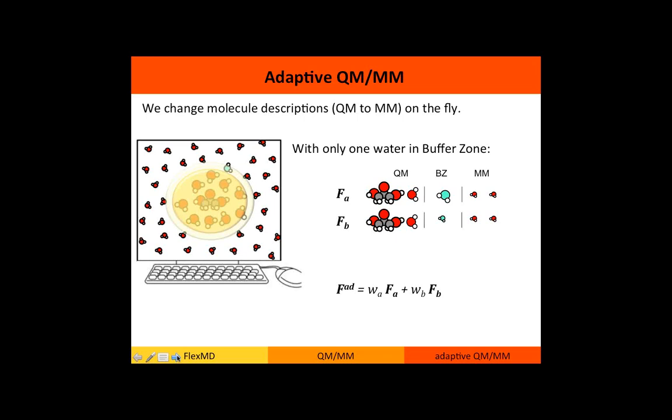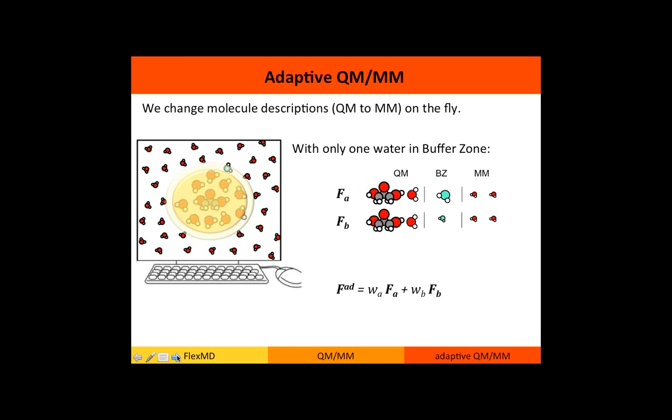So we have that one water molecule inside the buffer zone, it's the green one, and then we have a bunch of water molecules in the MM region. What we do now is we do two calculations: calculation A, where we treat the green water molecule QM, and calculation B, where we treat the green water molecule MM.